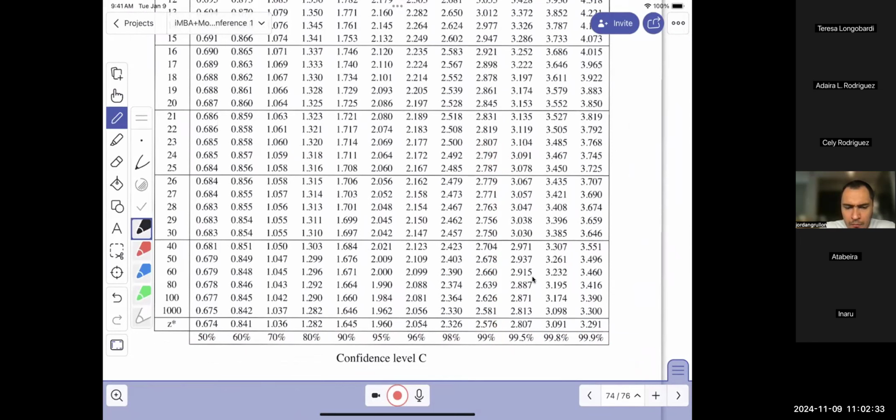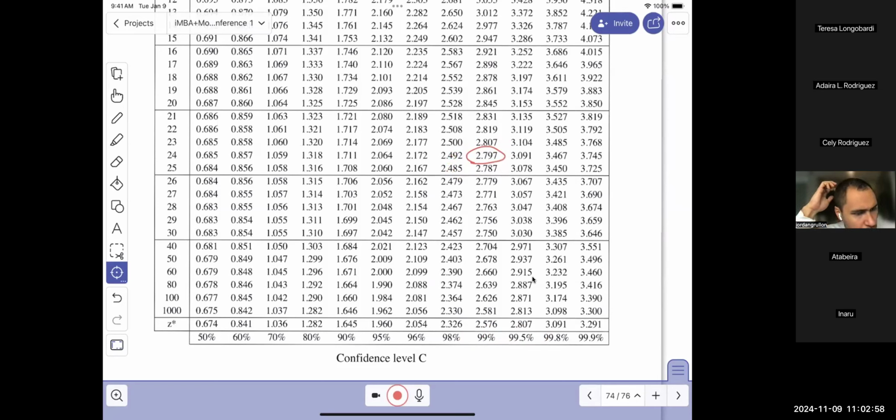You need to be 2.797 standard deviations from the mean to have 99% in the middle. This is the critical value for 99% confidence.